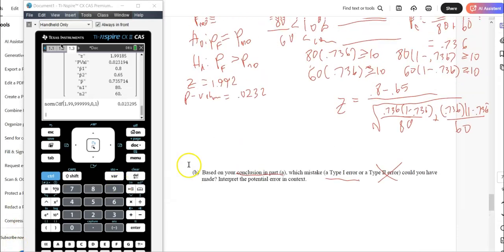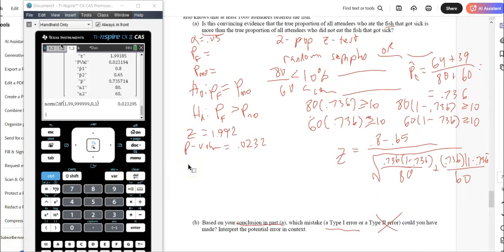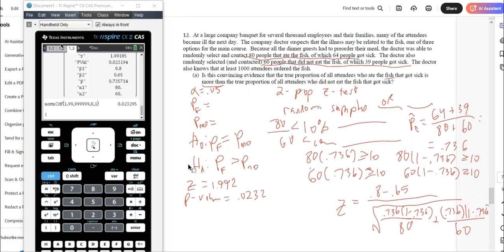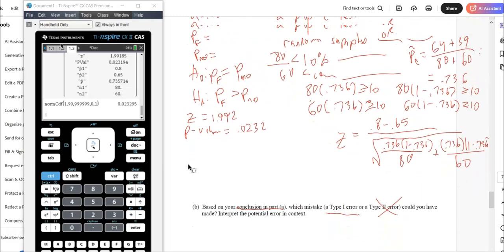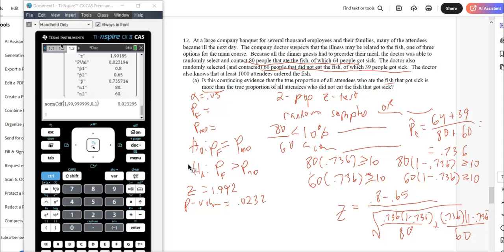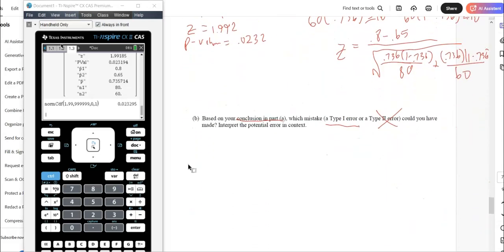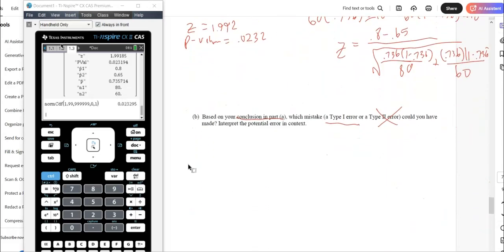The null again was, there's no difference between the fish group and the no fish group in the proportion of folks who got sick. There's no difference. Interpret, so what would that be described as?